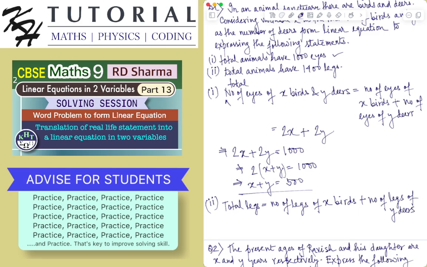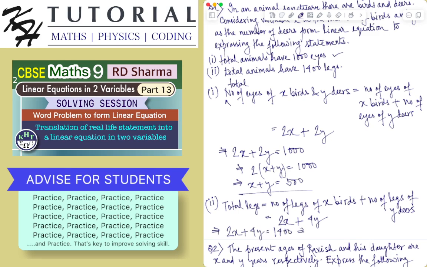Now what will be the number of legs of x birds? One bird has two legs, so x birds will have 2x legs, but one deer has 4 legs, so y deers will have 4y legs. The statement is total animals have 1400 legs, so we must have 2x plus 4y equal to 1400.